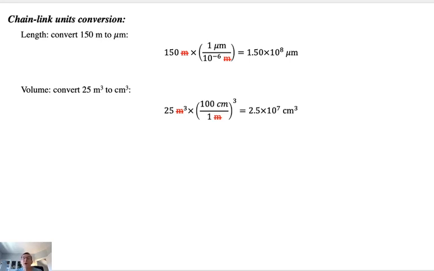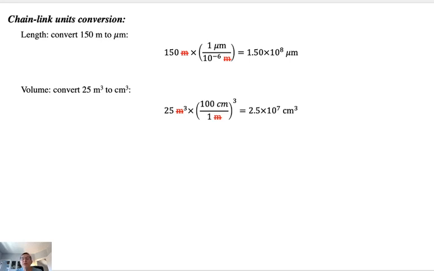I start with the number I'm wanting to convert, 25 meters cubed, and I multiply by a chain link conversion factor that is equivalent to 1. All right? And here the chain link is 100 centimeters is equivalent to 1 meter. We know that's true from the metric system, so I'm multiplying by 1. But I note that when I write the units here, 100 centimeters is 1 meter, that isn't going to cancel the unit over here because I have a meters cubed.